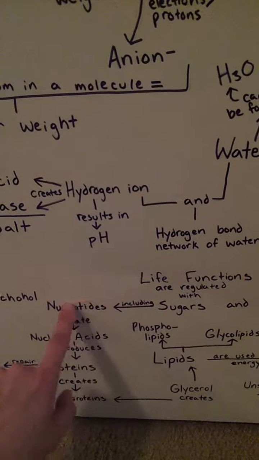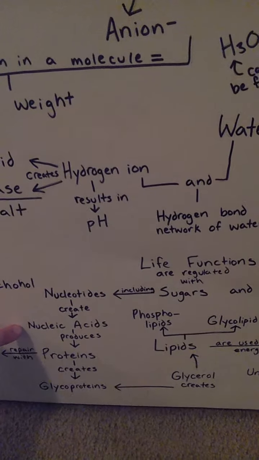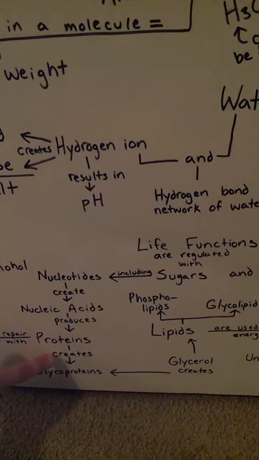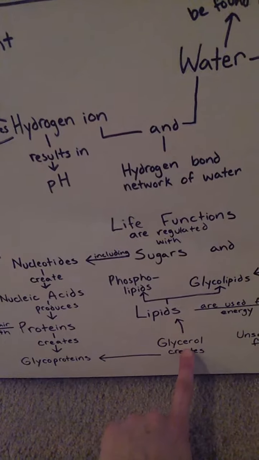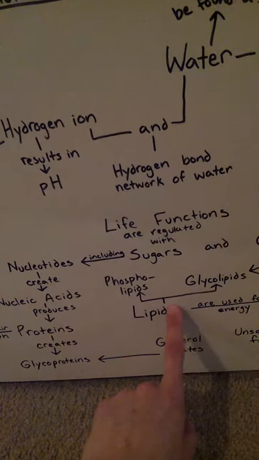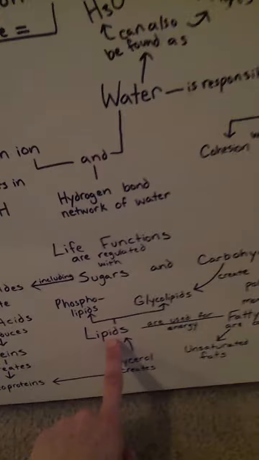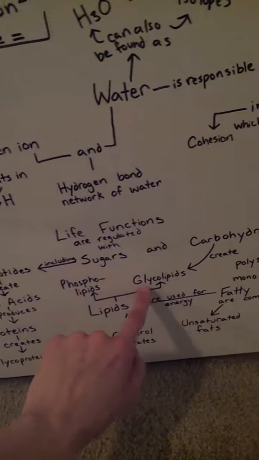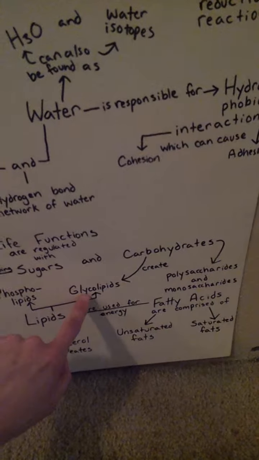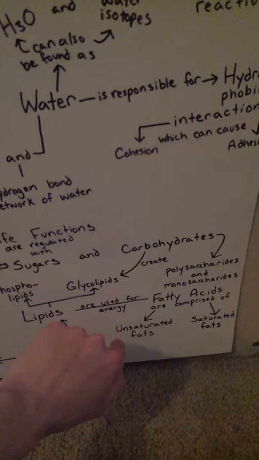Sugars, including nucleotides, create nucleic acids, produce proteins, and create glycoproteins, which is created by glycerol. Lipids are also created by glycerol. Lipids create phospholipids and glycolipids with the aid of carbohydrates.